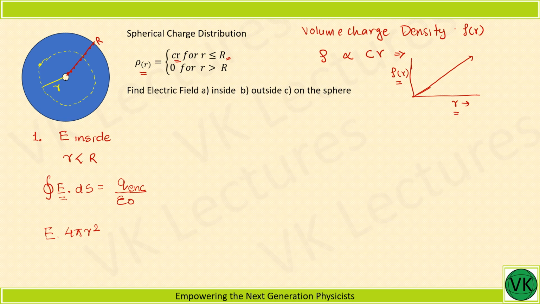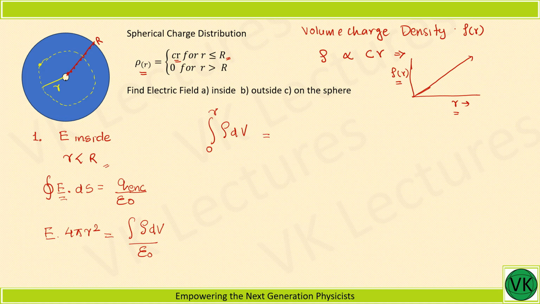So E into 4 pi r squared is q enclosed by epsilon naught. The charge enclosed can be written as the integral of rho dv, charge density into dv. Now we need to find the integral of rho dv. That integral is from 0 to small r, because we are finding it inside.